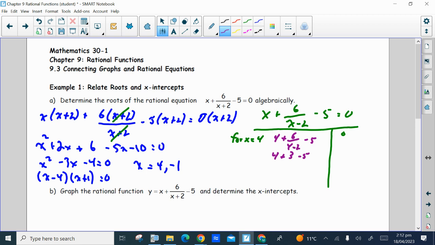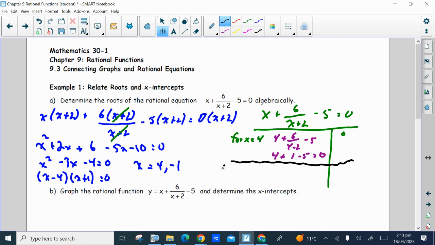Oh, so that's a mistake. That should be x plus. So that'll be 6 over 6, which is 1. And that one works. 4 plus 1 is 5. Minus 5 is 0. So that one works.